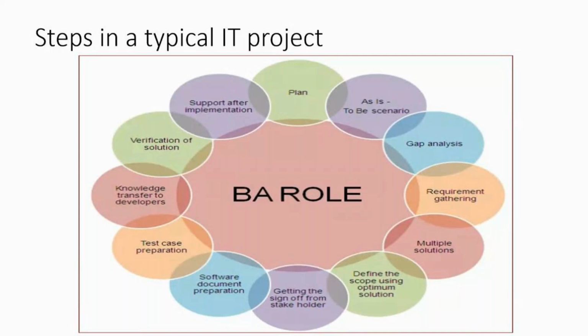Or it could be, do you want to launch it in a pilot phase with this set of requirements, or do you want to broaden up, spend more time, and have more features in the initial launch itself? Or it could be about a little more detail, such as what the login preferences should be, or what the different options are that you want to provide the customer to make the payment. All of these nuances will be part of your project scope, which comes in your fifth step, which is defining the scope using the optimum solution.